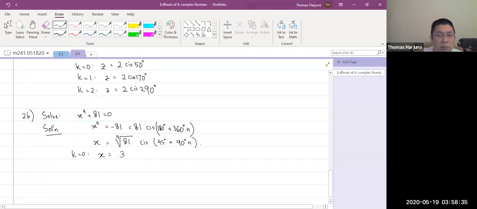That's 3, right? 81 is 3 to the 4th. So 3 cis 45 degrees. When k equals 1, x is 3 cis 135 degrees. When k equals 2, that's 3 cis 225 degrees. And when k equals 3, how far do I need to go, by the way?